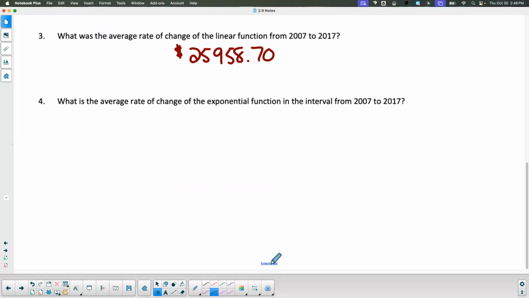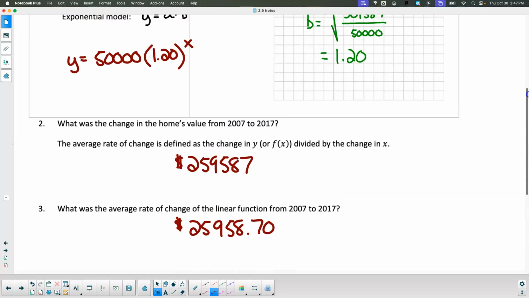Ready for it? Why is it a trick question? Because the average is just like take all of the numbers and divide them.